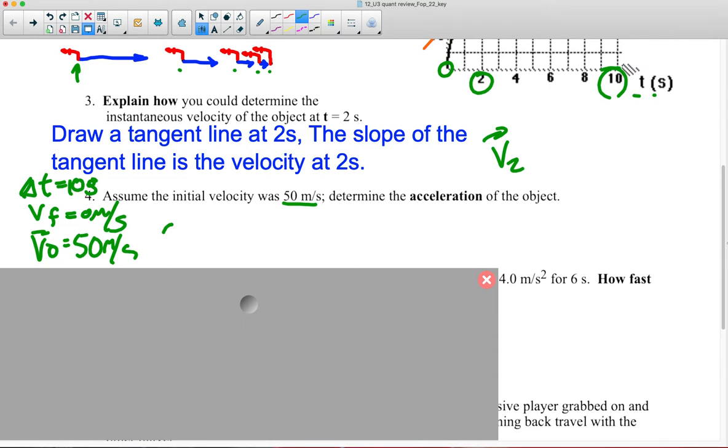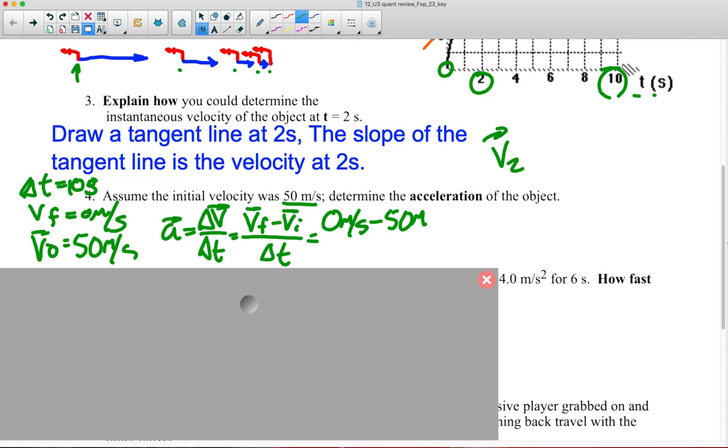So how do you find the acceleration? We want to look at the slope of a velocity versus time graph as acceleration. To do this, we want the final velocity minus the initial velocity divided by our change in time. In this case, our final velocity was 0 meters per second because it slowed to a stop.